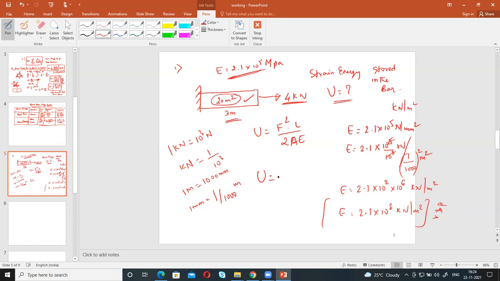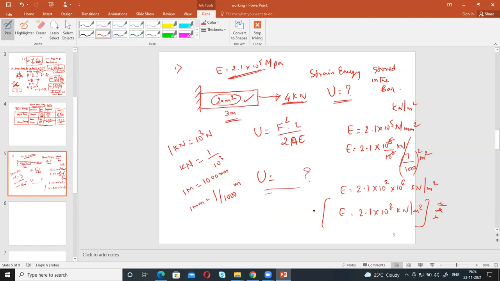Sometimes he will give the AE value directly. He will give AE equals, say, 2.6 into 10 power 6 kilonewton, or kilonewton per square meter, something like that. Structural rigidity, kilonewton per meter cube, he will give directly, and he is asking to compute the strain energy.